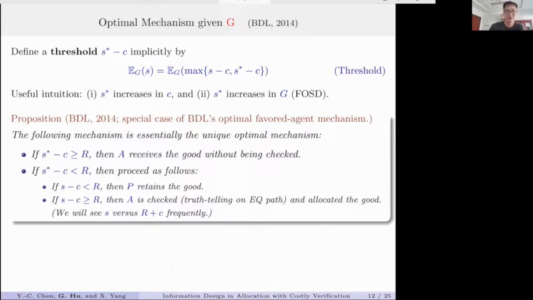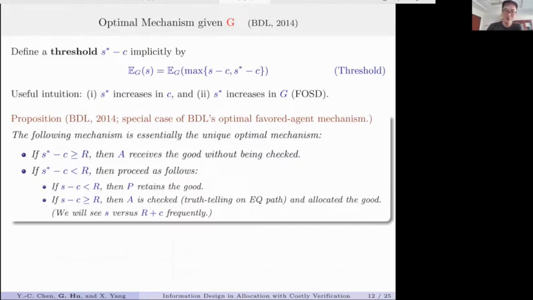After checking, the agent will be found lying or truth-telling, and the allocation rule will be the same as we explained in the model part. But here, let's see what the checking probabilities are. If the reported signal S is small, in the sense that S minus C is smaller than R, then there's no need to check the agent, because the reported signal is so small and there's no need to allocate the good, since the allocation value has to be smaller than the reservation value.